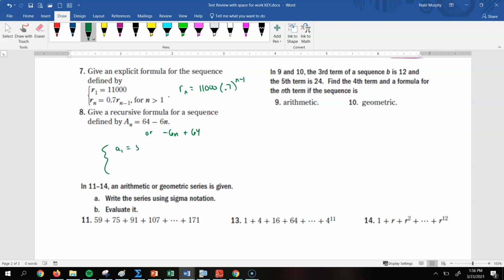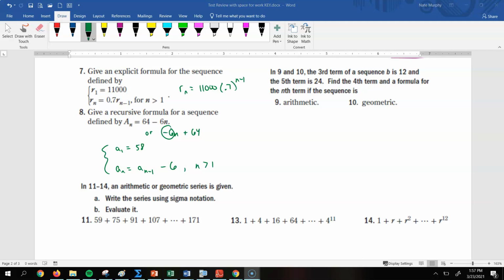So our first term is 58. Then to find the next term of the sequence, we take the previous term, and the constant difference is our slope, or whatever is being multiplied times n. We would be decreasing by 6 each time, so minus 6. We could follow that by saying your value for n has to be greater than 1, or you could say greater than or equal to 2.